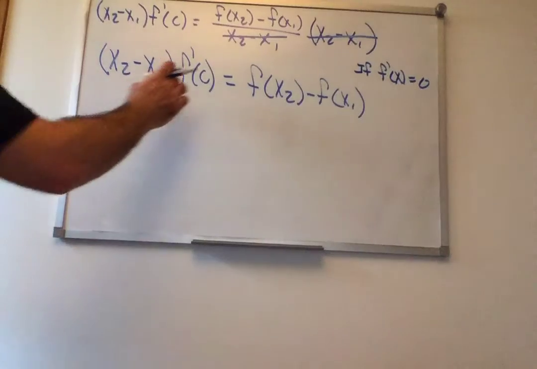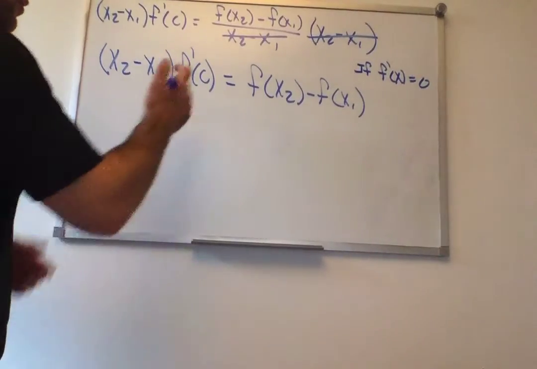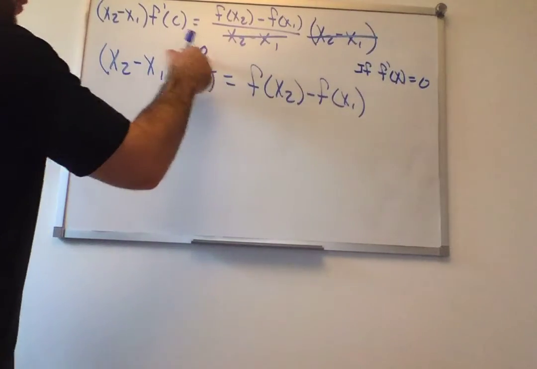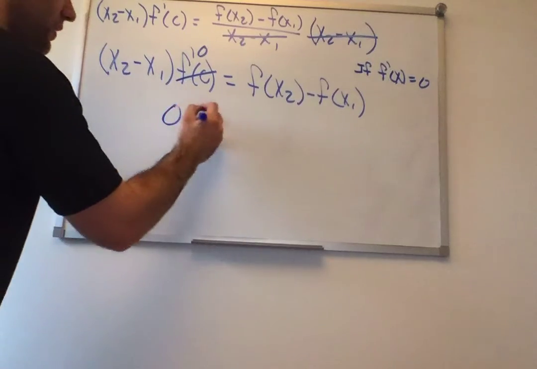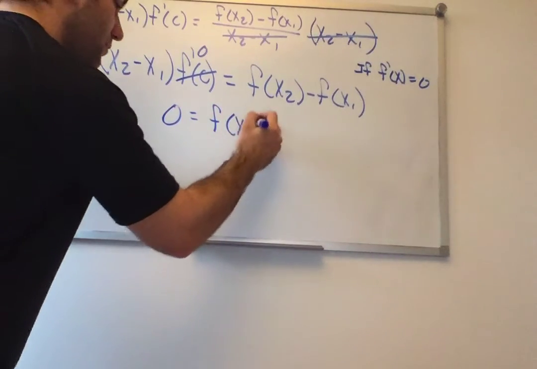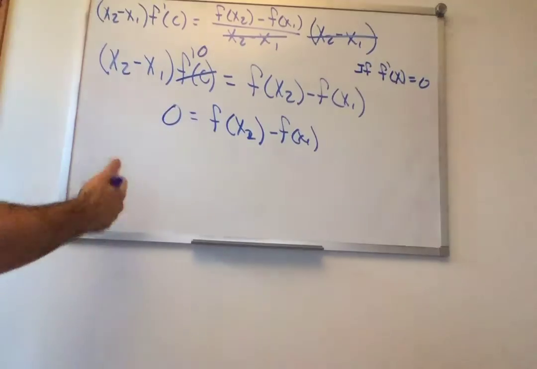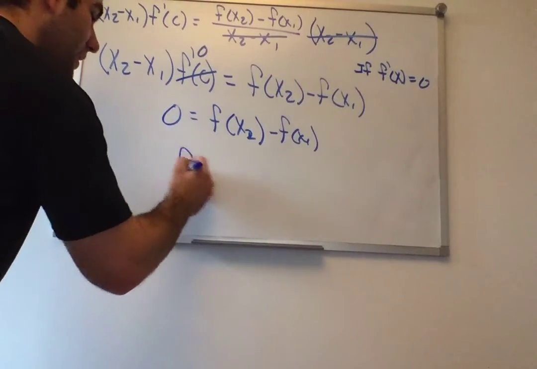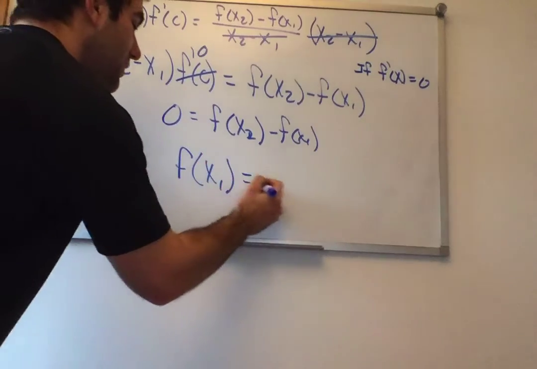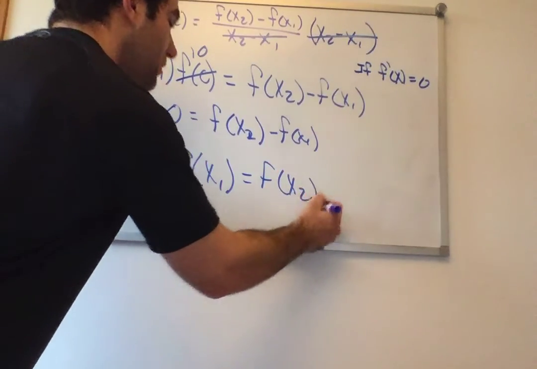That means this derivative right here is 0. 0 times this thing is just 0, is equal to f of x2 minus f of x1. So if I just move it over on the other side, I get f of x1 is equal to f of x2.